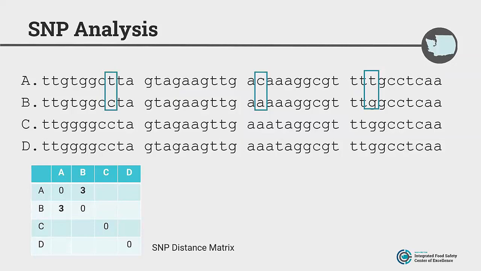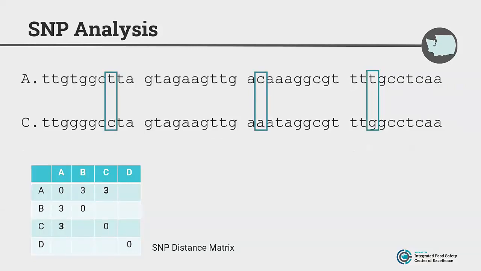So you can see the zeros across the diagonal, because if you compare A to A, it's going to have no differences. B to B, C to C, D to D the same. So in this instance, we're comparing A to B and B to A, and we found that there were 3 differences. So we would fill in a 3 on the table there. If we compare A to C, we also have 3 differences.